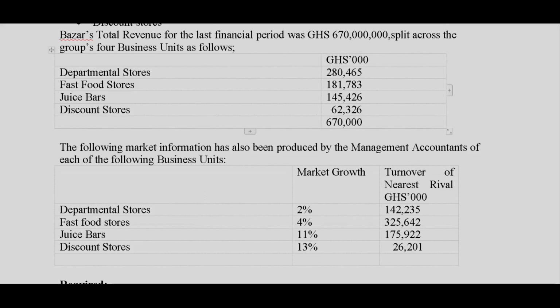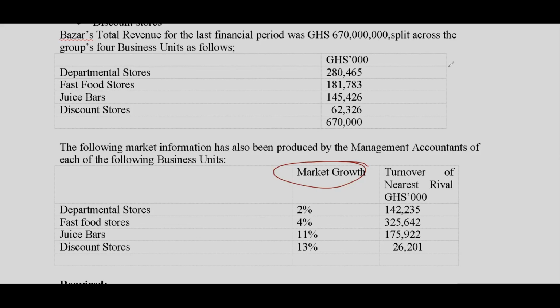So what I will do first is to look at which of them is high and which is low, and remember the formulas. I just discussed that earlier. The first thing I would want to do is to calculate market share. But market growth has been given, so you don't stress. They've given the turnover of the highest rival.